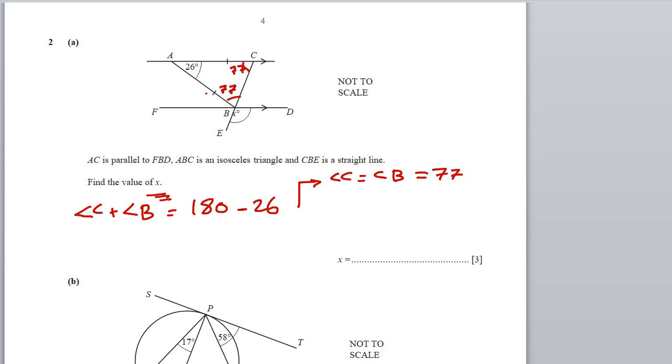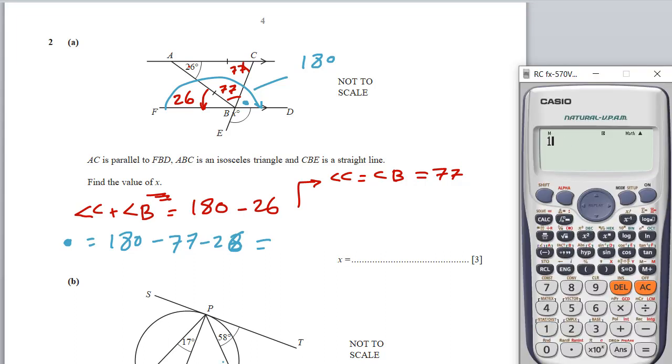This angle here is equal to this angle, so this is equal to this one, 26. The total of the angles here is 180. So this angle is equal to 180 minus 77 minus 26.